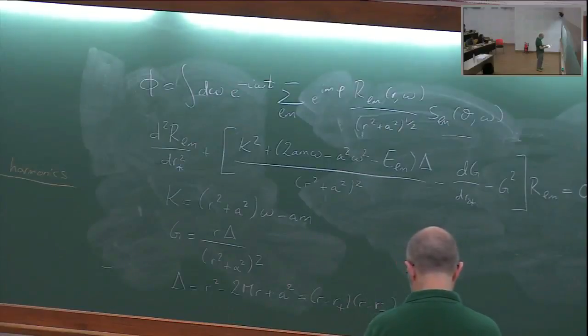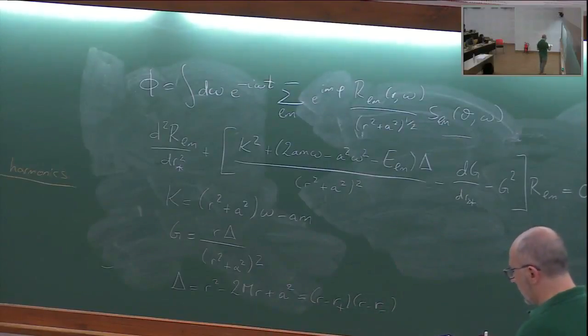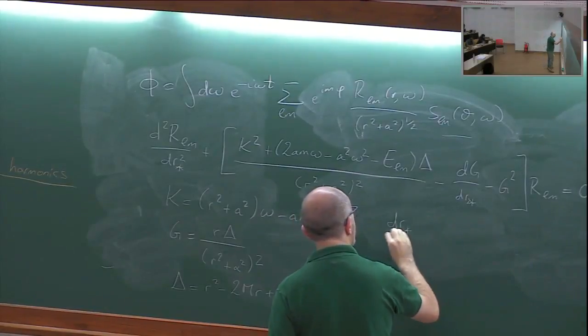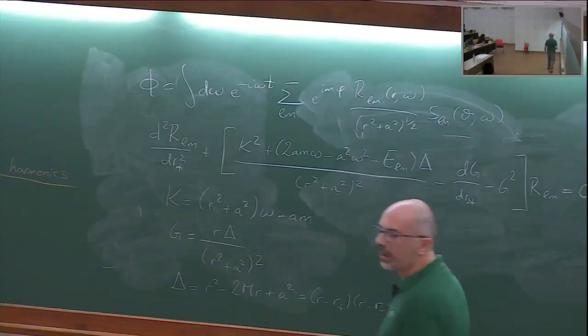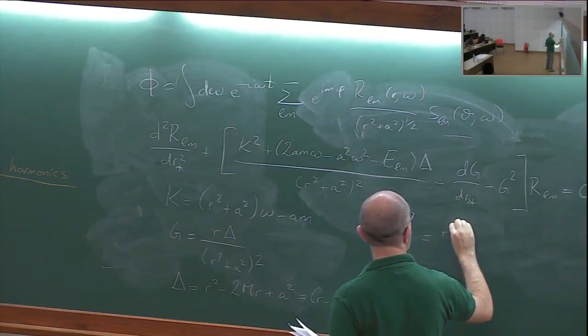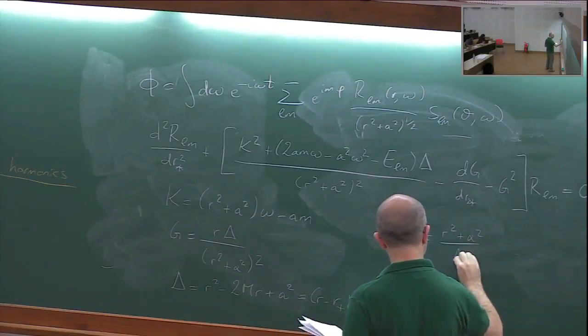And what else? Did I define everything? Oh, the r star coordinate. For Kerr, there is more than one definition, but the one that I used here is that dr star dr is (r squared plus a squared) over delta.